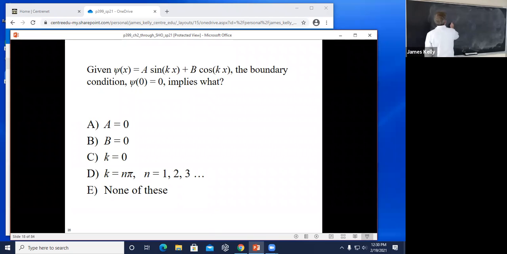I know you guys thought through this before, but it's worthwhile thinking through it again. So here, our psi looks like a sine of kx plus b cosine of kx. And out in this region, it's 0. It's 0 here, right? So this function's got to match up with 0 in a certain way, right?